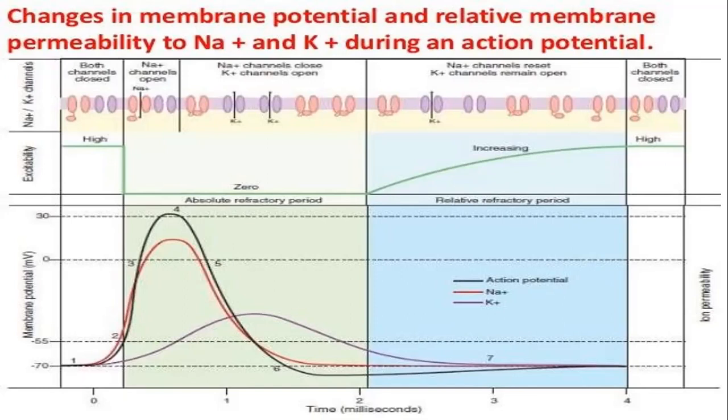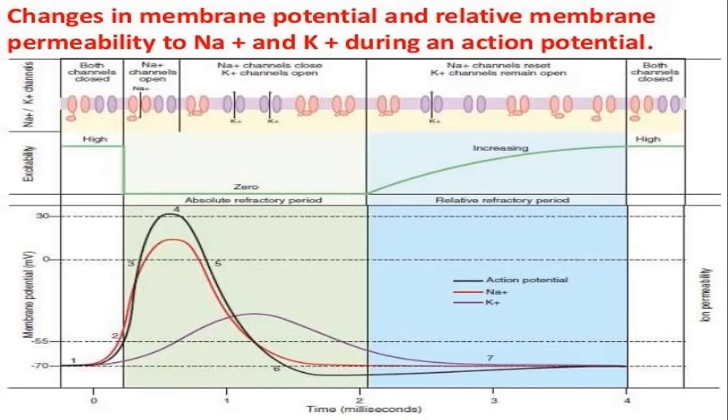And when they get inactivated, however much you increase the strength of the current, as we have discussed, you will not be able to open this channel until they are closed. So you can see above the 0, there is an overshoot. After phase 3, you can see there is phase 4.